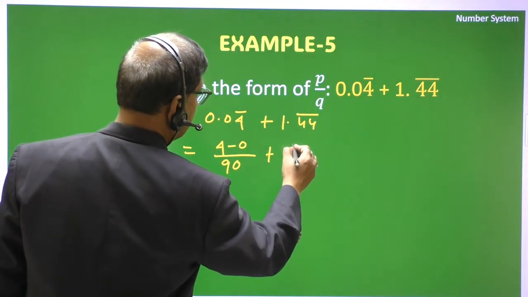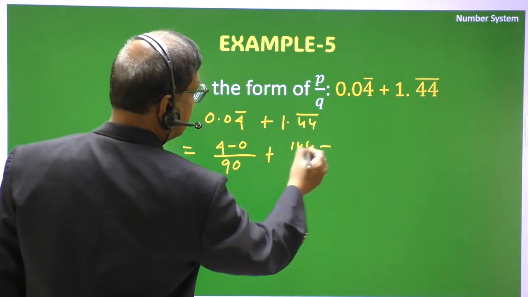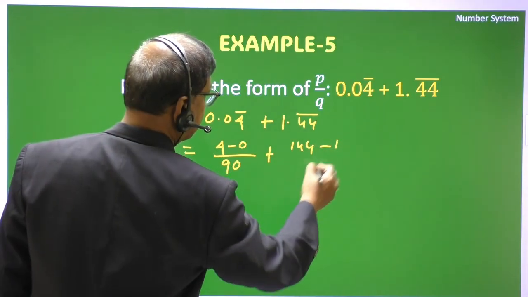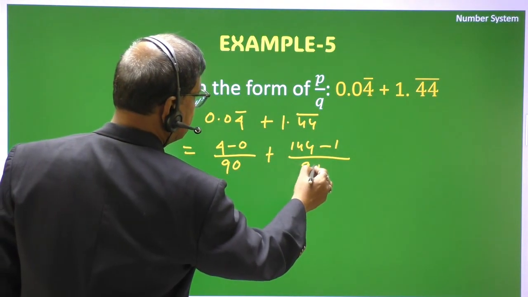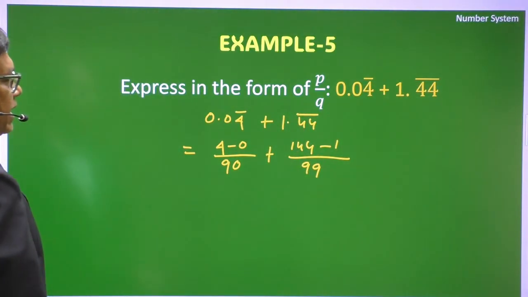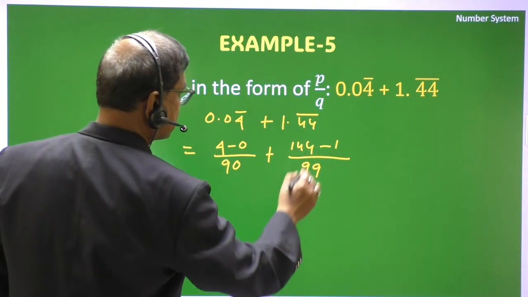plus here also 144, the whole number, minus the non-recurring number, that is 1, divided by 2 nines, because on 2 digits recurring, and after the decimal point no digit is non-recurring, so no zeros here.